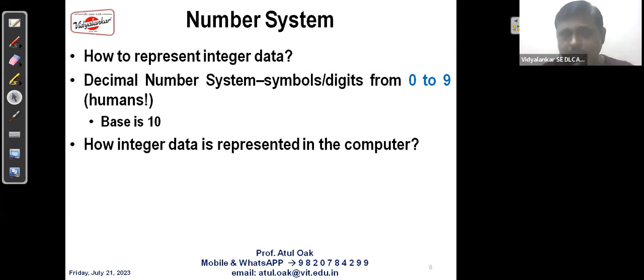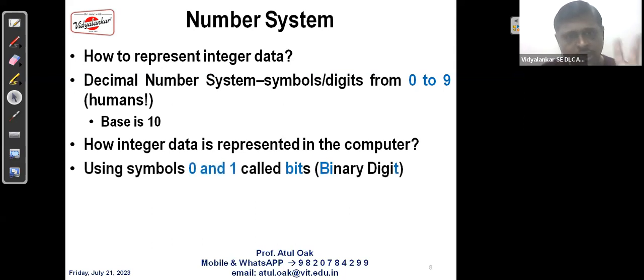So now we think how our data we represent in computer. That answer is using two symbols, 0 and 1, called bits. Okay, good. I can see direct answers. Using two symbols, 0 and 1, called bits.